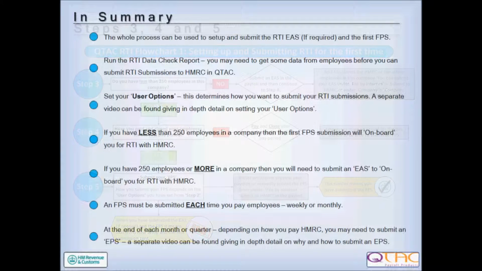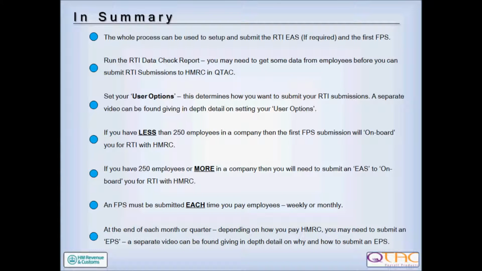In summary, this whole process can be used to set up and submit the RTI EAS, if required, and the first FPS. You will need to run the RTI data check report, because you may need to get some employee data together before you can submit RTI to HMRC in the payroll software. You'll need to set your user options, because this will determine how you want to submit your RTI submissions.